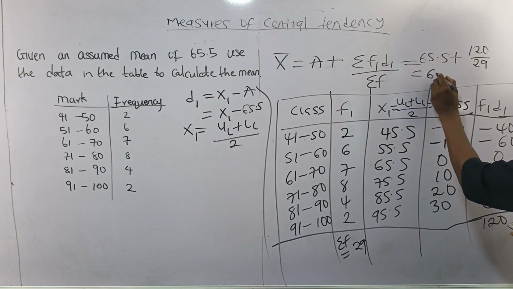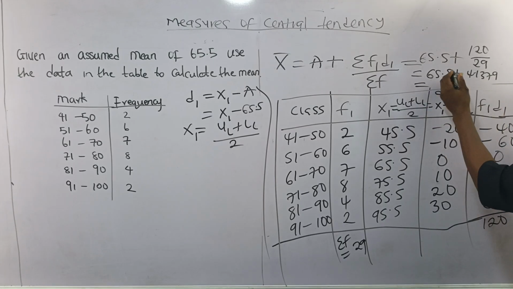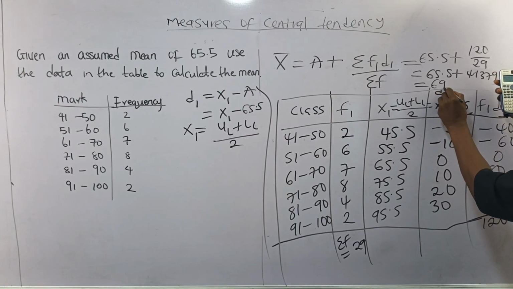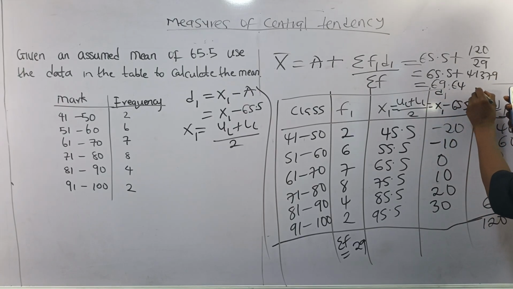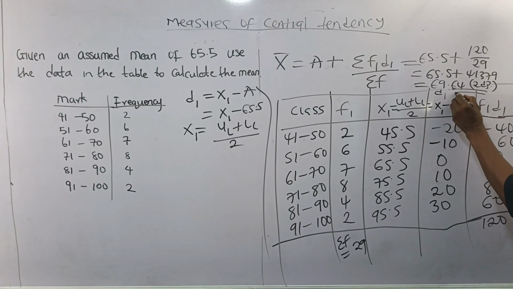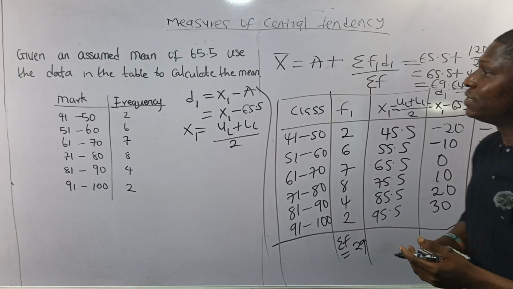Now this will give me 65.5 plus 120 divided by 29, giving me 4.1379. If I add this to 65.5, it gives me 69.64 to 2 decimal places, and this is my answer, 69.64. Thank you.